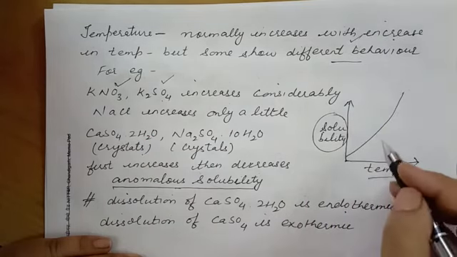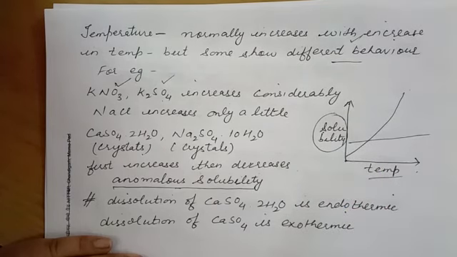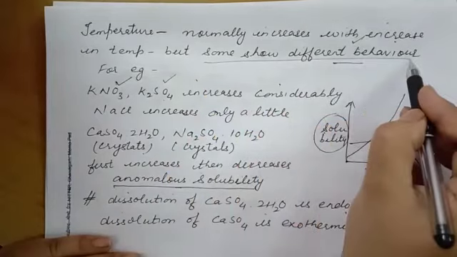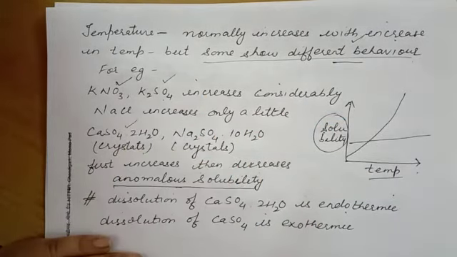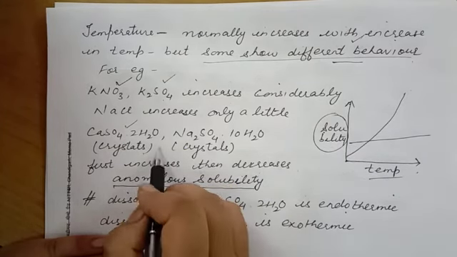Now this is about sodium chloride. That shows a change, only a little change, and some that show different behavior. They are the substances which are hydrated in nature. What do we mean by hydrated?